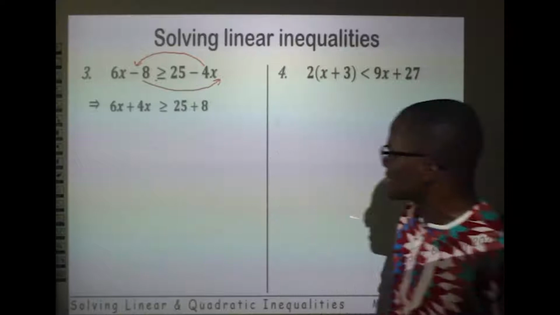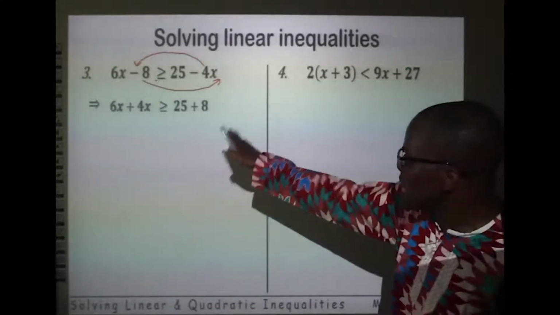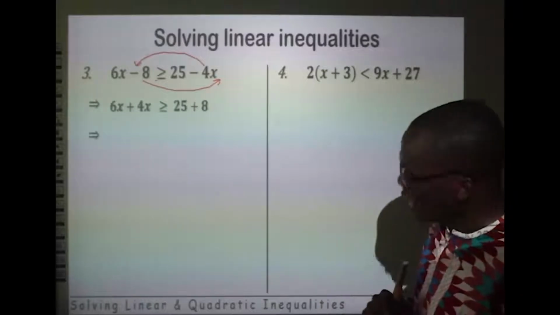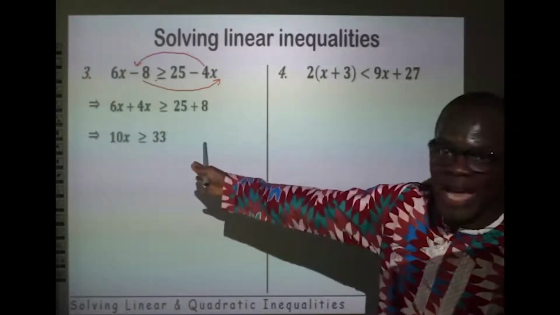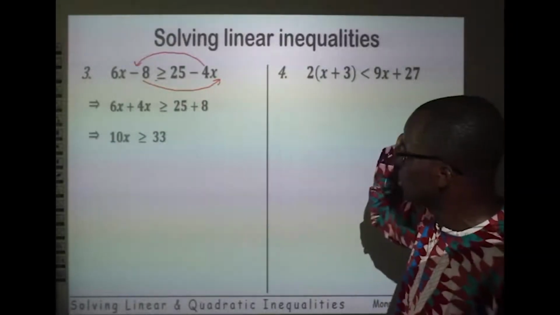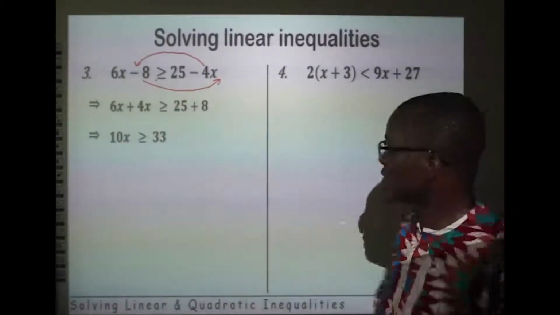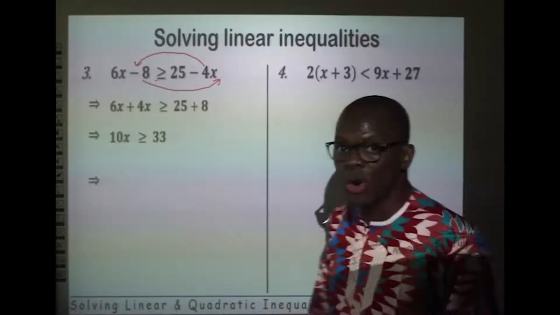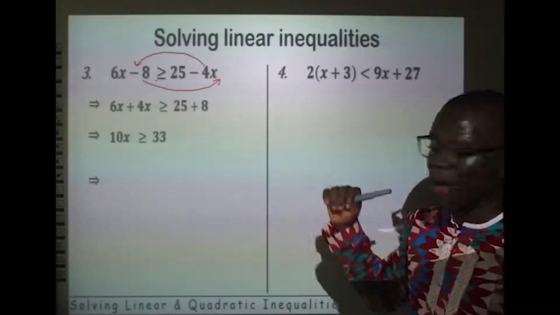And you've got 6x plus 4x is greater than or equal to 25 plus 8. And then moving on, 6x plus 4x, that's 10x, is greater than or equal to 25 plus 8, that gives you 33.